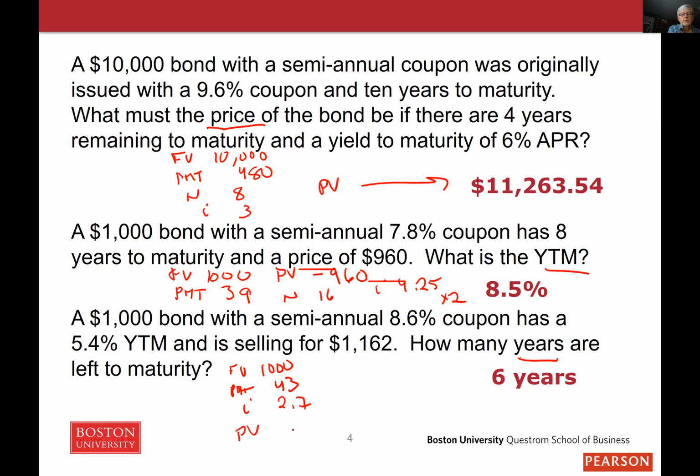Present value is negative 1162. You solve for N, and when you solve for N, you're going to get 12. That is 12 6-month periods. So you have to divide it by 2 to get 6 years.